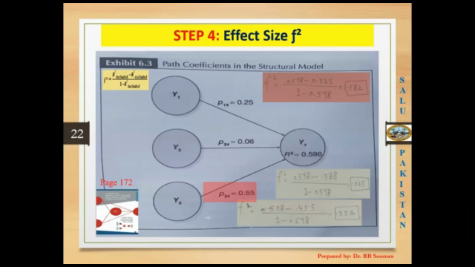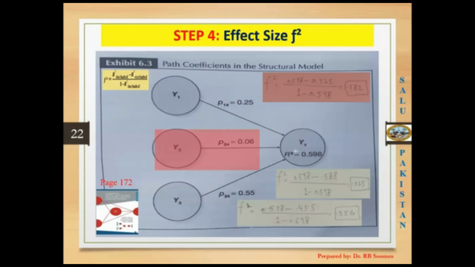So if you reduce this one, the value of R square will definitely be substantially reduced. If you exclude the other independent variable from the model, the F square will not be reduced substantially because it has a very meager contribution to the dependent variable.